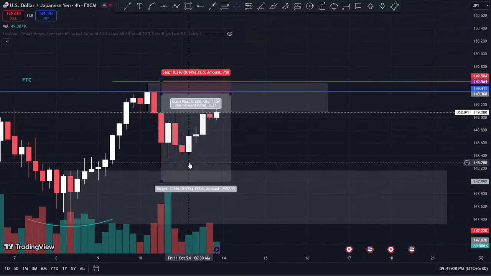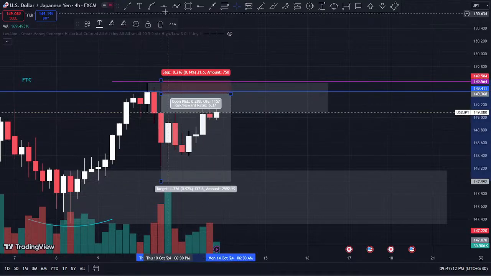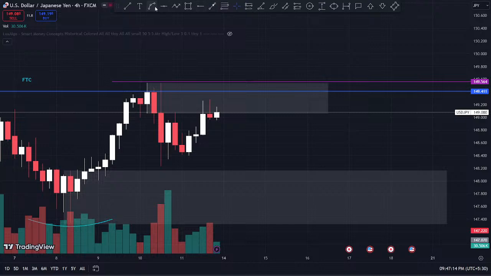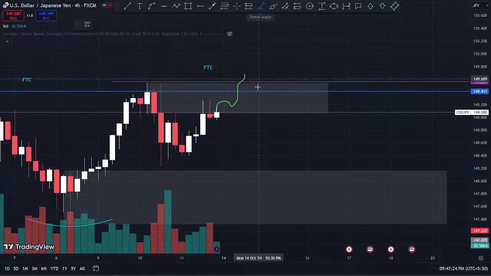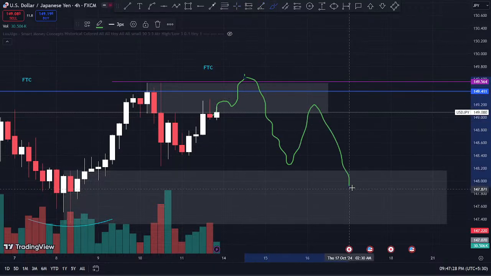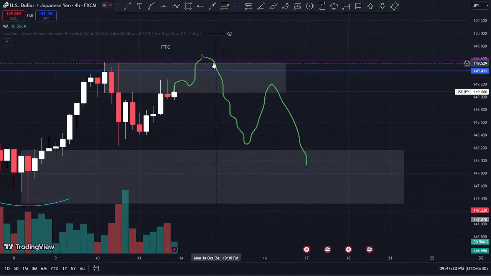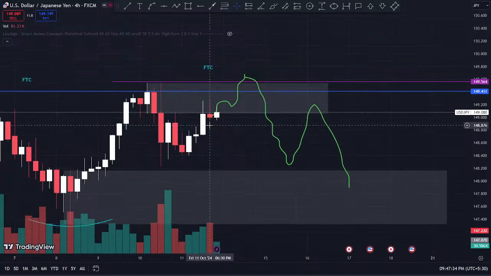This was a pullback and a larger quantity is added here. So this is my way for JPY. If the price broke this and again formed an FTC, then I'm going to enter some shorts right here, because that would eventually be just a bearish sign.